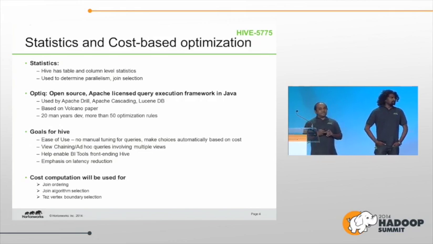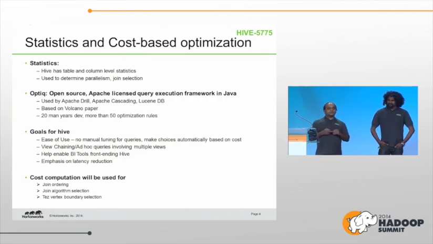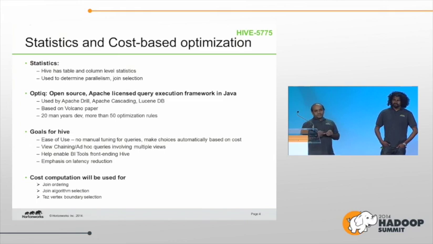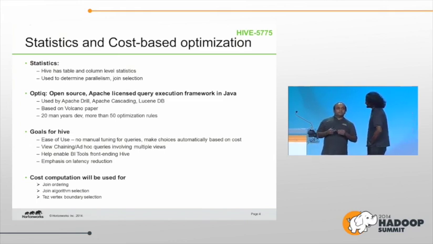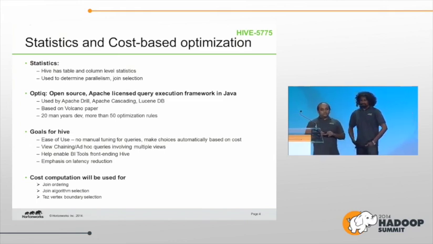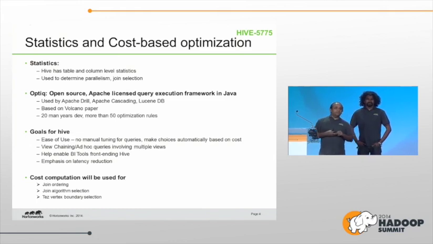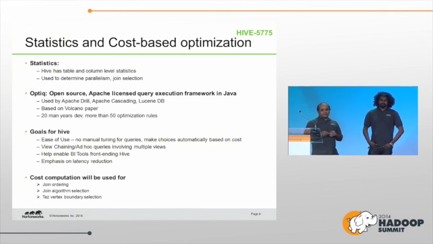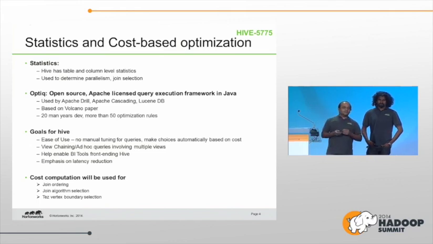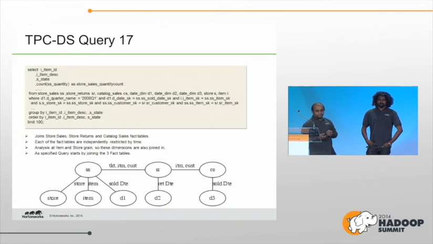The key areas where statistics and cost-based optimization are used are to determine the parallelism dynamically, the right join selection algorithm, the join ordering, and Tez vertex boundary selection, which essentially means how much compute we can put in a single Tez vertex and how to distribute it across different vertices. I'll give an example of this later.